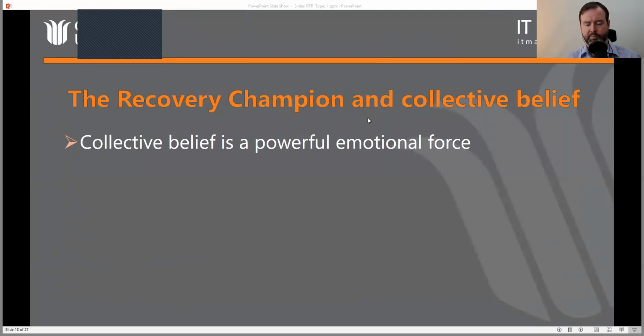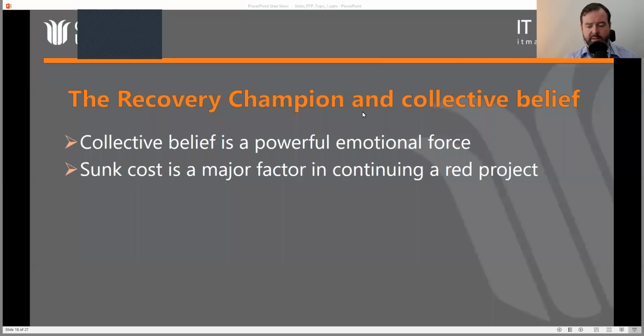This is because projects are hard to kill and they're hard to radically change. The collective belief that people gain in a project, or that they had from the beginning, is emotionally driven. And so is sunk cost. You might think that sunk cost is a financial concept, all about money that's been invested, et cetera. Well, yes, it is.